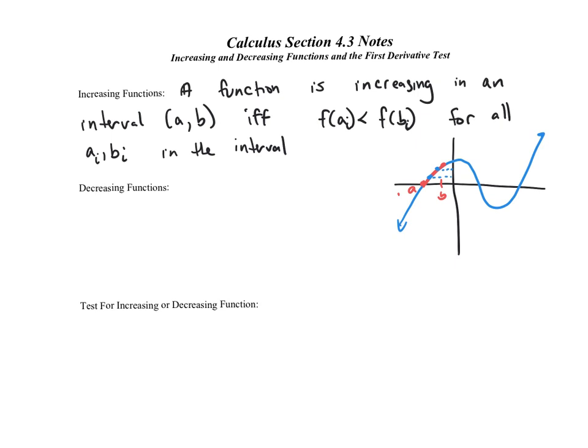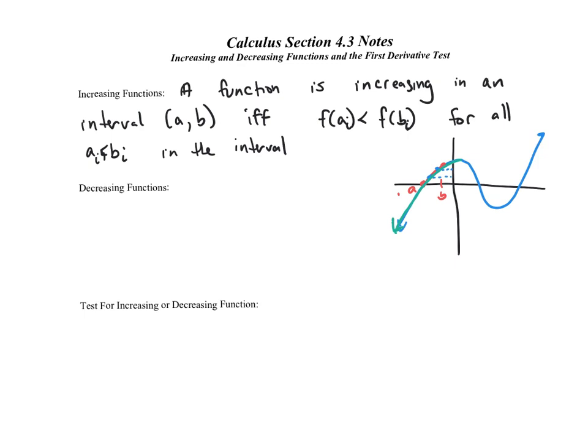The y value on the right one is bigger than the y value on the left one. So that entails that it is increasing, assuming that our a sub I is less than our b sub I. Obviously you can see that an increasing function is going up.